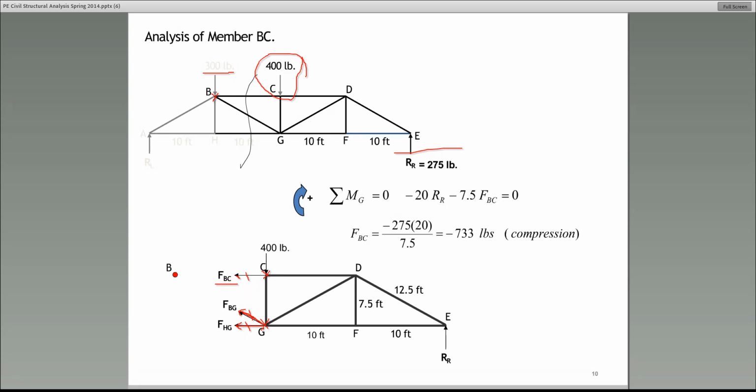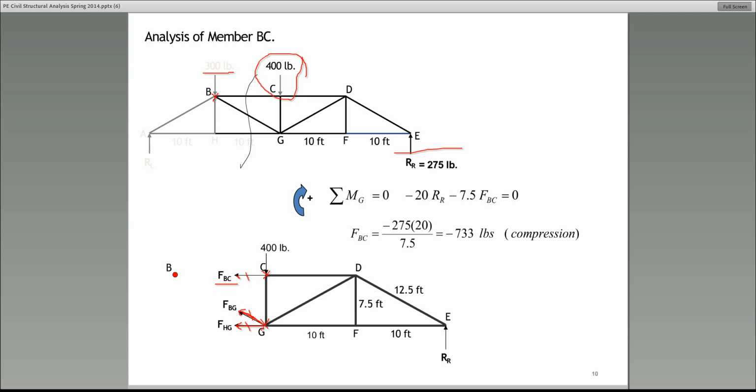All right. Does everybody follow? You solve for FBC, and it comes out to be 733 pounds. Does everybody follow that or accept that the force in member BC is indeed 733 pounds?